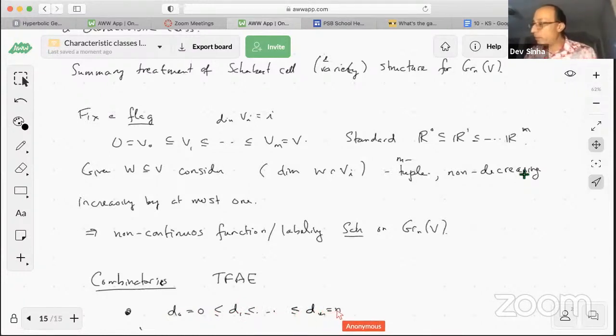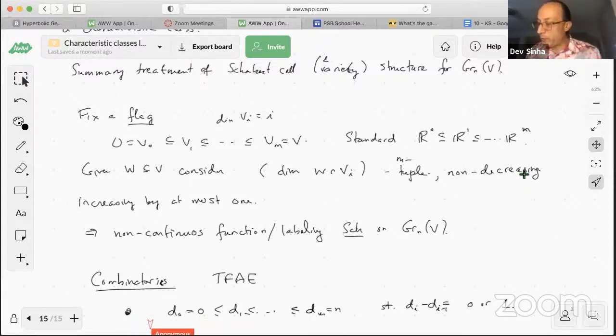And so remember, the key here is that d_i minus d_{i-1} is equal to 0 or 1. Okay, so that's what we get by intersecting. If it jumps by 0 or 1 every time, I can just keep track of where it jumps by 1.